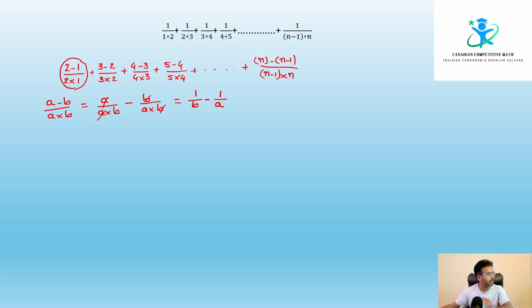The first term I can write as 2 by 2 times 1 minus 1 by 2 times 1. This I can write as 3 by 3 times 2 minus 2 by 3 times 2. This I can write as plus 4 by 4 times 3 minus 3 by 4 times 3.